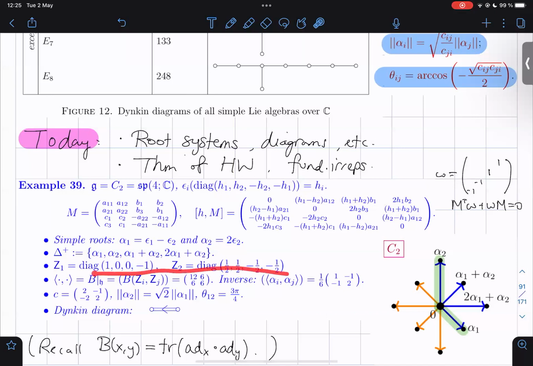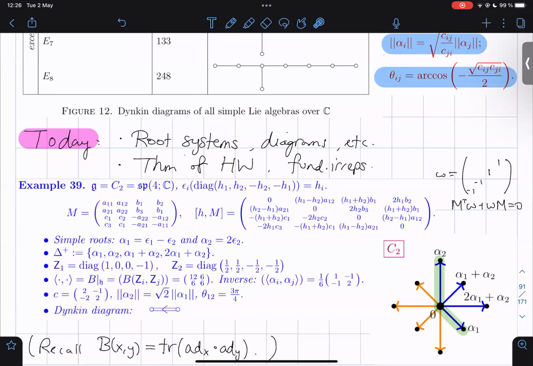So this is the dual basis. As an exercise, compute the Killing form on these entries. You get this 2x2 matrix, compute its inverse, and then you get the Cartan matrix using the formula pairing alpha i with alpha j check under the pairing. So that gives you this.